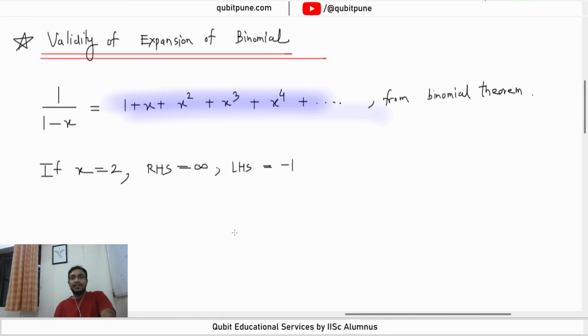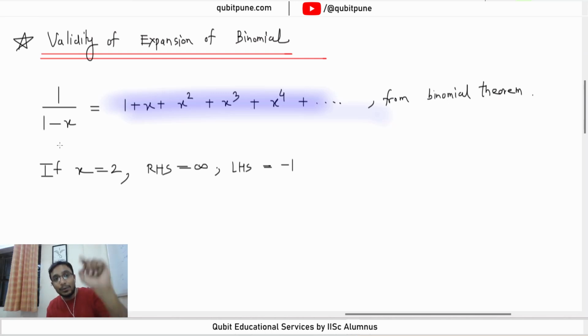It's not valid. Which means, although in many textbooks they mention the formula, and we often tend to learn the formula and remember it, what we do not remember is this particular equation. On one side we have a rational function, and on the other side we have an infinite series.